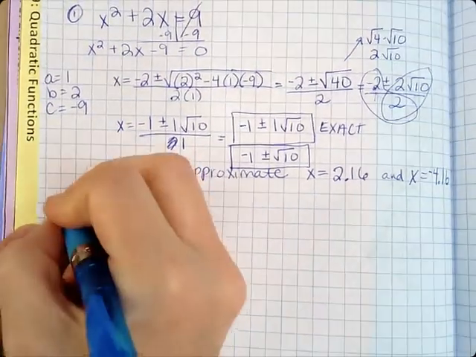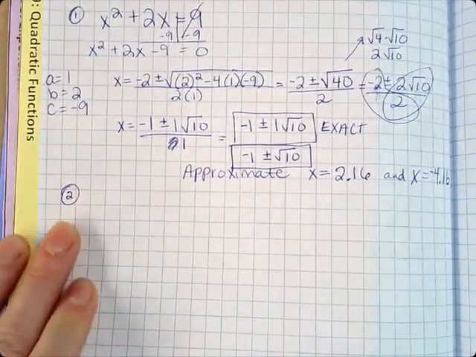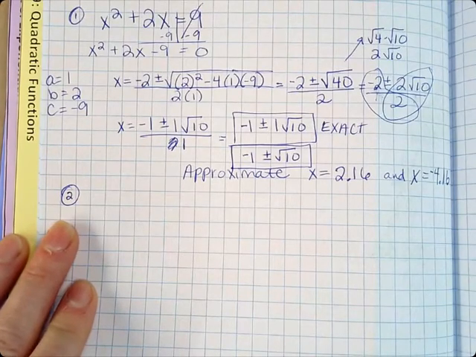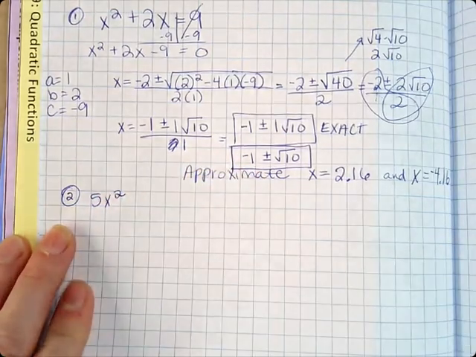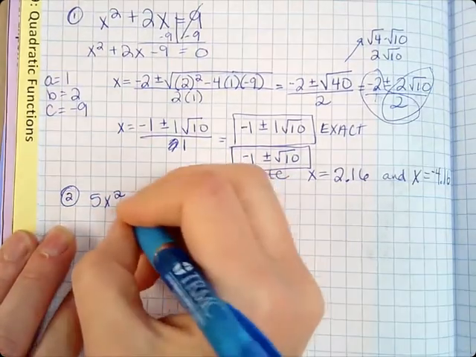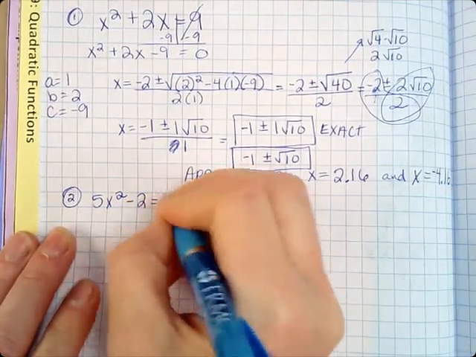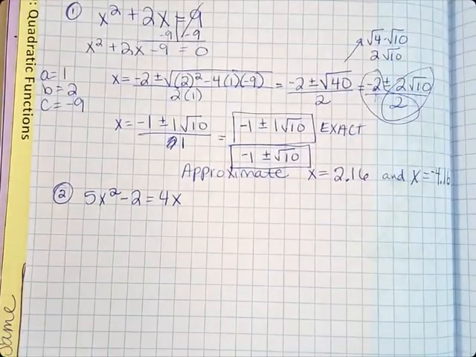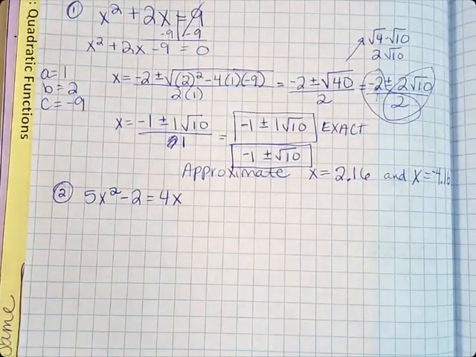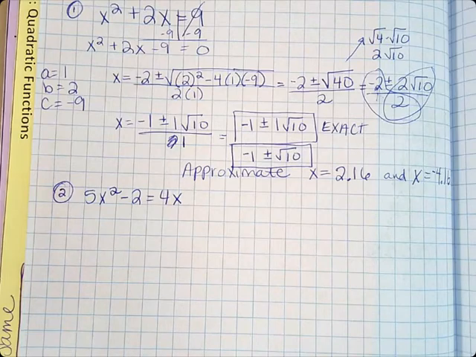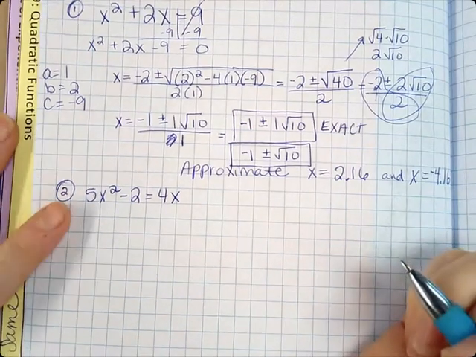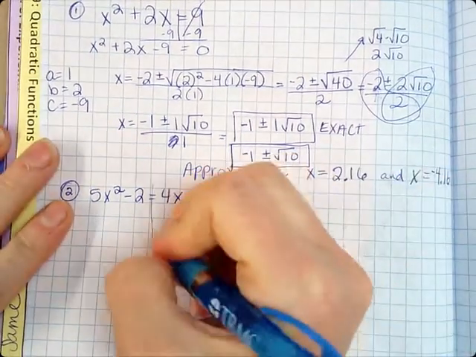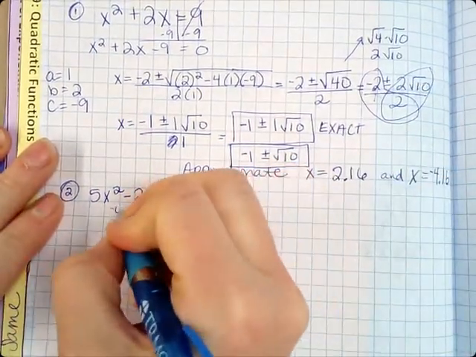All right, let's do another one. 5x² minus 2 equals 4x. So you're going to move this 4x to the other side.